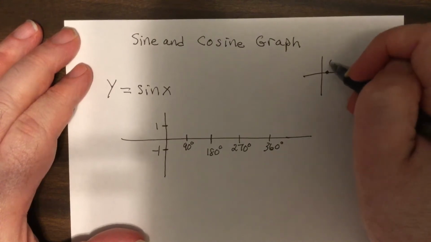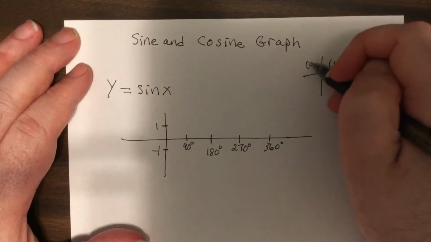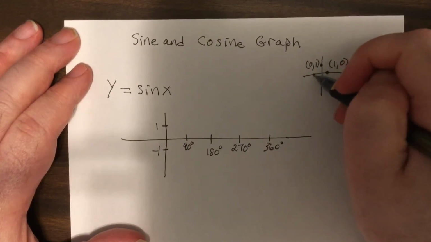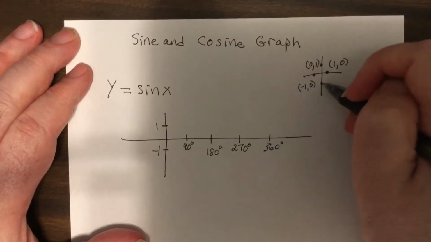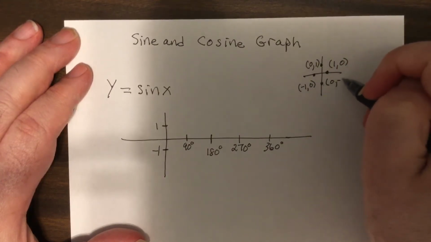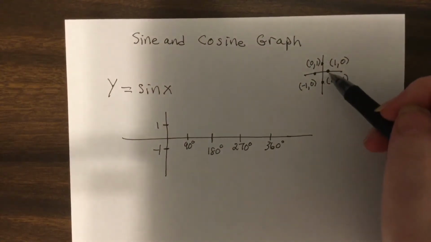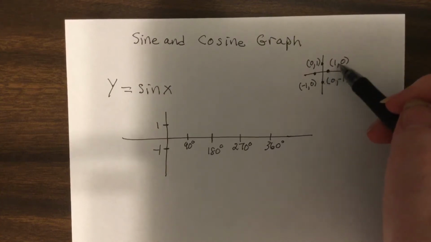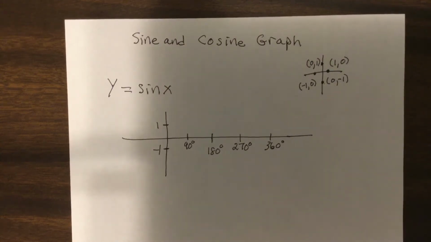We know this is 1, 0, this is 0, 1, negative 1, 0, and 0, negative 1. And we also know that we go around the circle. When we hit 360, it starts over again. 1, 0, 0, 1. So the period for these graphs are 360 degrees.